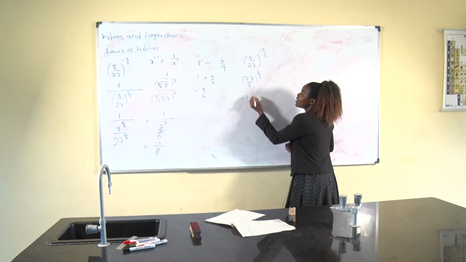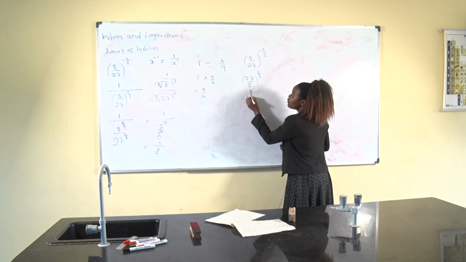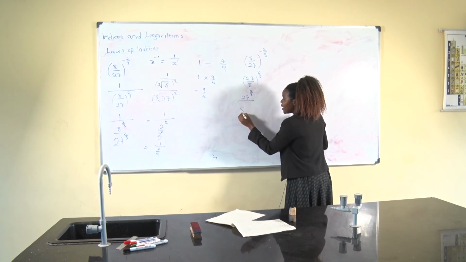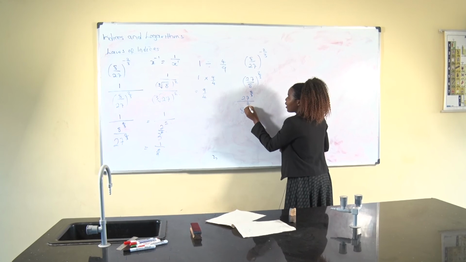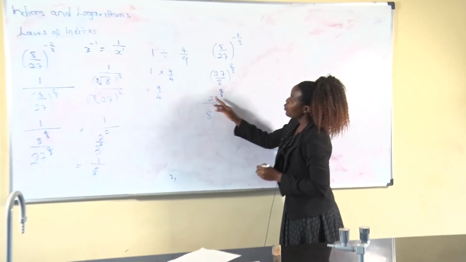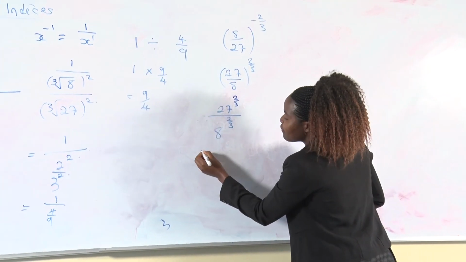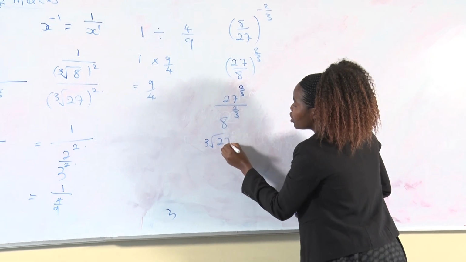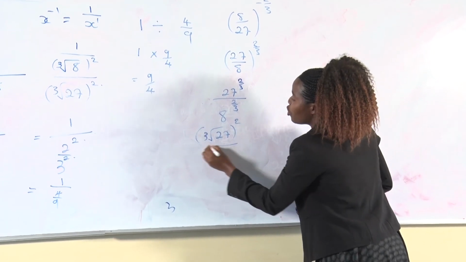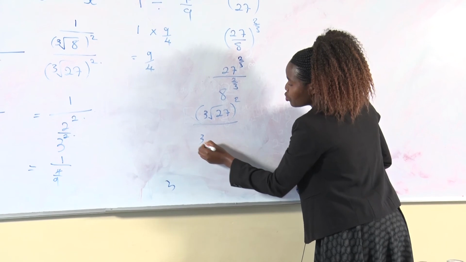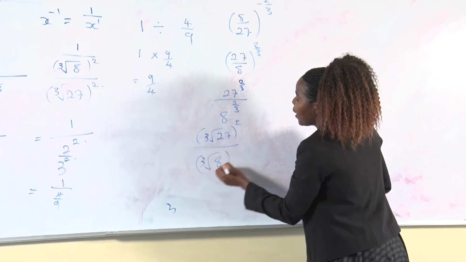So here we want to find the cube root of 27 to the power 2 over the cube root of 8 to the power 2.